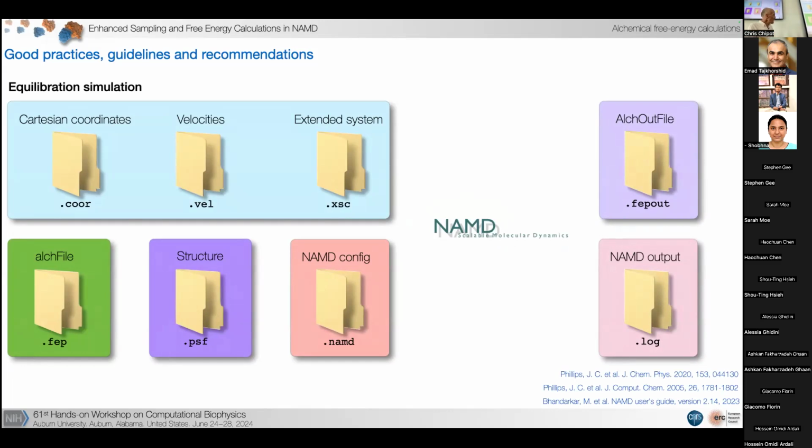An ALK file is a clone of the PDB file, but wherein you have changed either the X, Y, Z, occupancy or beta column with flags to tell NAMD which atoms are appearing, which atoms are disappearing, which atoms are left unchanged. Left unchanged, 0, appearing +1, disappearing -1.